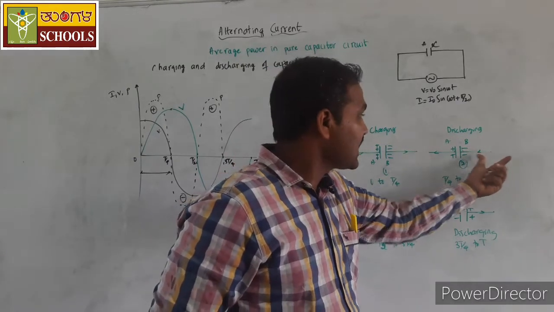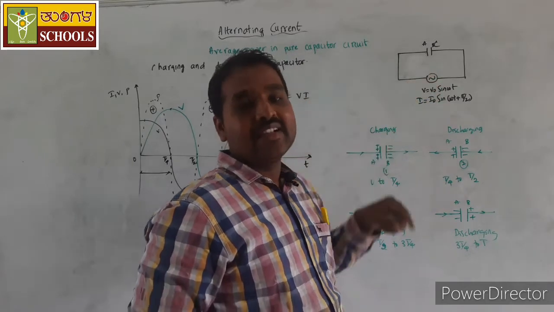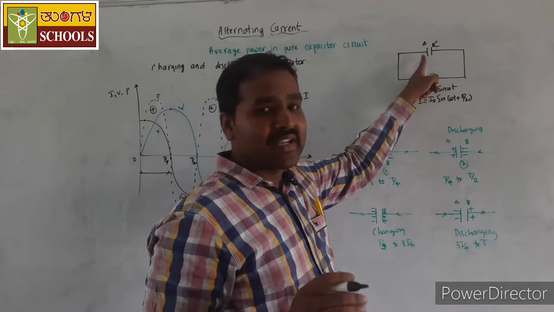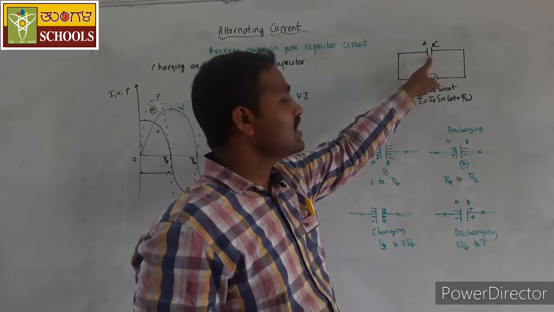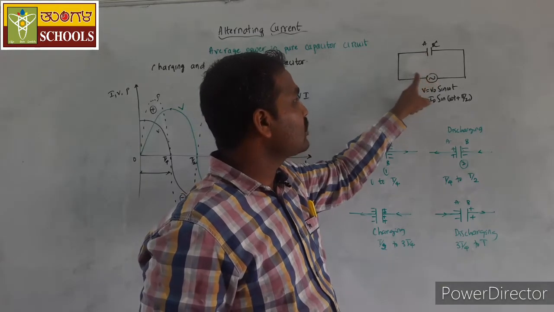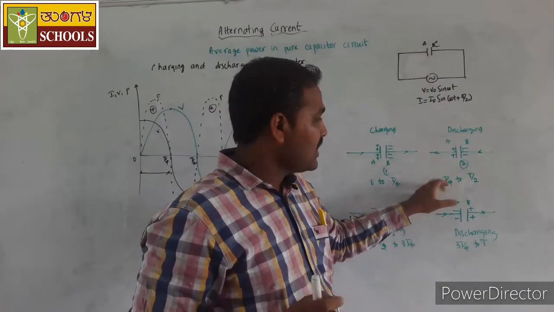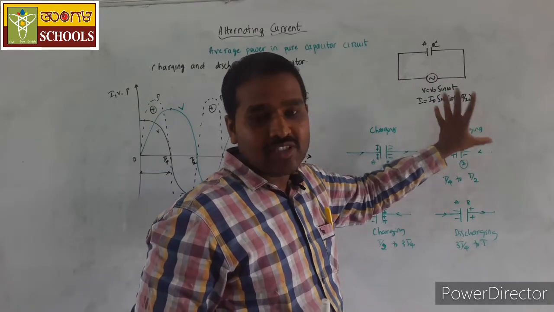When the direction of the current is reversed, the charge stored on the capacitor plates gets depleted. So, the charge on the capacitor plates reduces. Whatever energy was stored on the capacitor is again given back to the source. Hence, during the second quarter, from T by 4 to T by 2, there is a discharging of the capacitor.